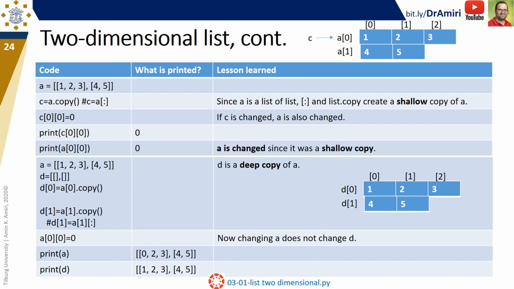You start with d[0] equals a[0].copy(), and then you do the same for the next rows, and you go on like that. Note that this is not going to work for a three-dimensional list. You always need to go to the dimension that has no list inside, so that you can create a deep copy.